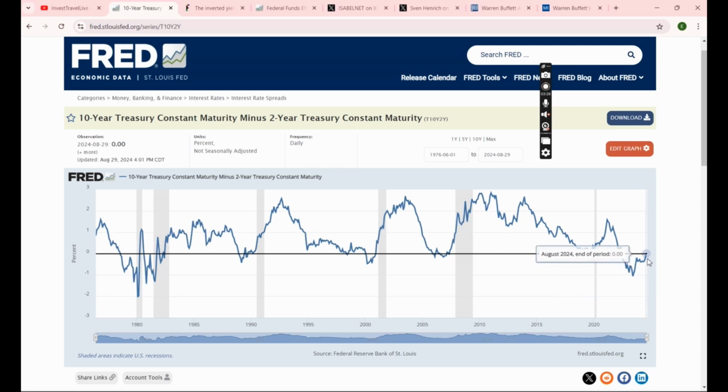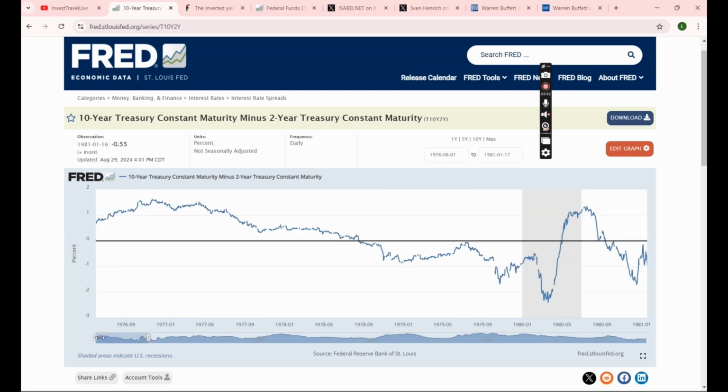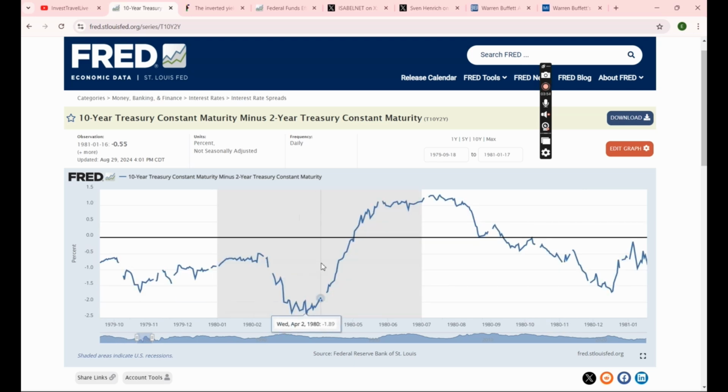Now this is close to becoming uninverted, and let's see what happened before when this happened. So here we had the inversion occurring and then the uninversion, and then all these gray areas represent the recessions that we've had. This is since 1980 or just before 1980. Let's zoom in slightly and see what happened.